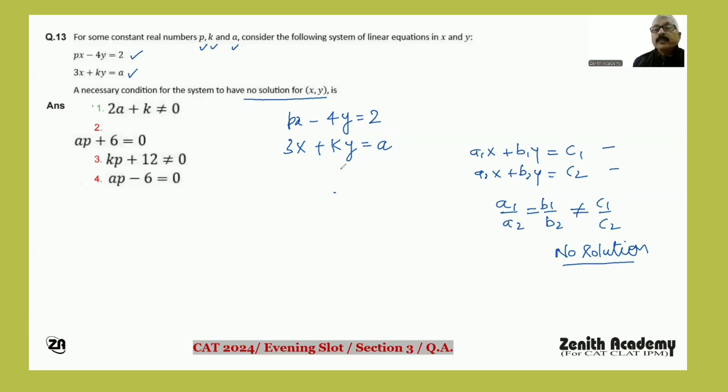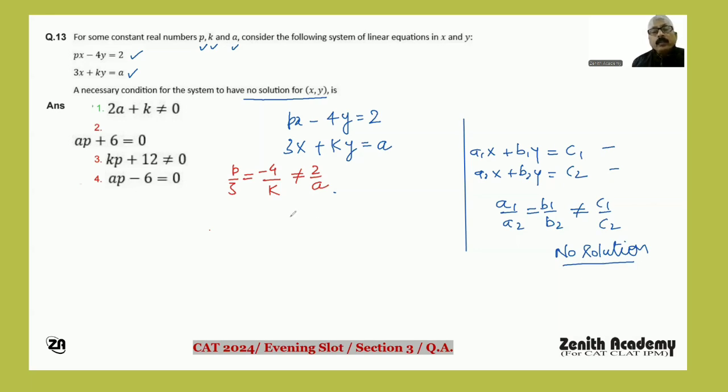So let us apply the same concept here. Let's remove this. So now see, a1 upon a2 means p upon 3 is equal to minus 4 upon k. It's not equal to 2 upon a.